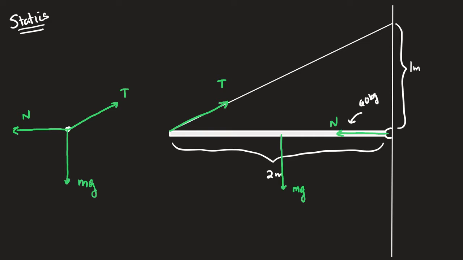In that circumstance, we can say that the center of gravity is in the same location as the center of mass. The book proves this, but let me just tell you that the only time the center of gravity won't be at the center of mass is if gravity affects one part of an object differently than another part of the object.